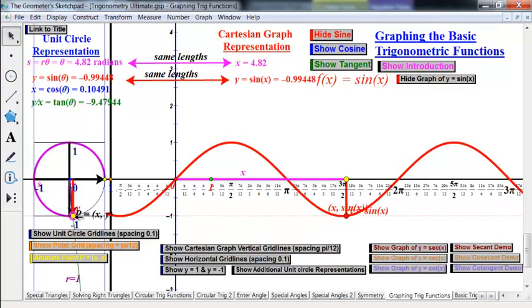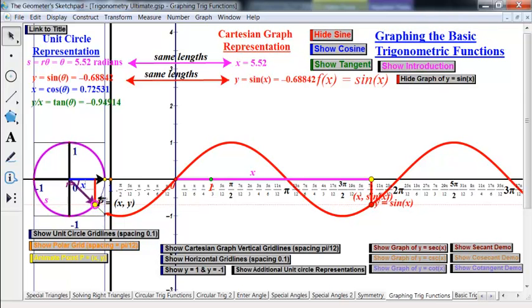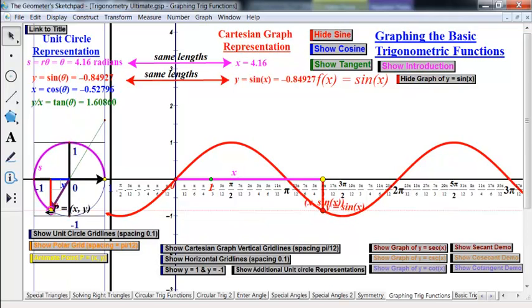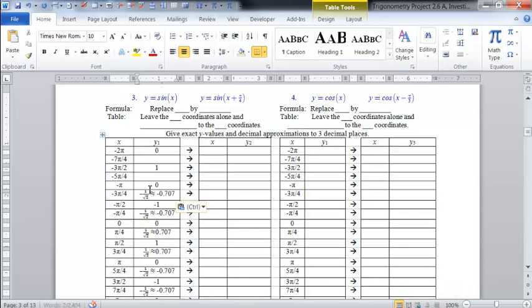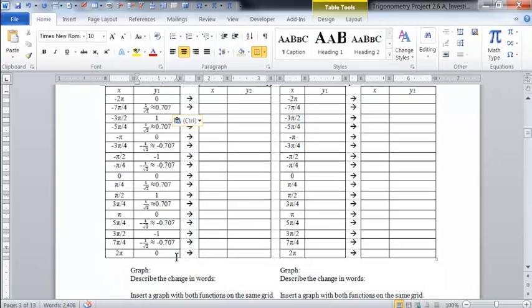6 pi over 4, 7 pi over 4, somewhere in here, that's negative. Let's go in the negatives. Negative 1 pi over 4, negative 2 pi over 4, negative 3 pi over 4 is also negative. But negative 5 pi over 4 is back in the second quadrant, and that one and that one are positive.